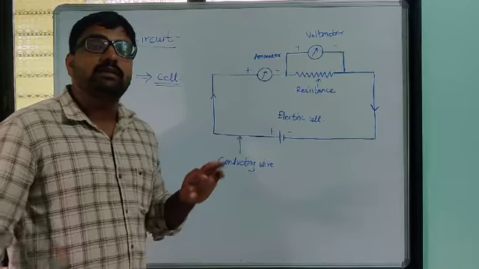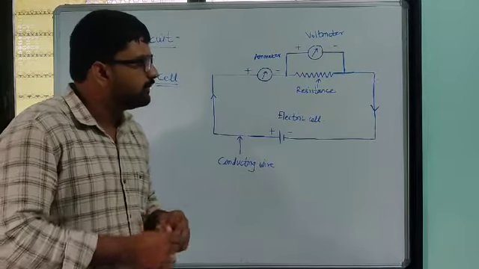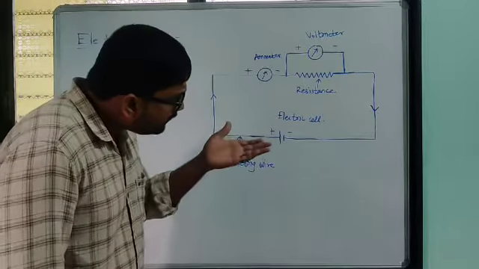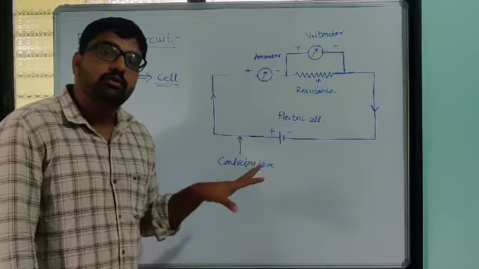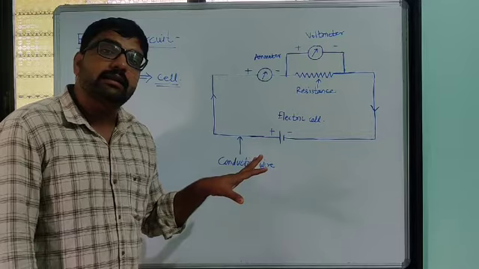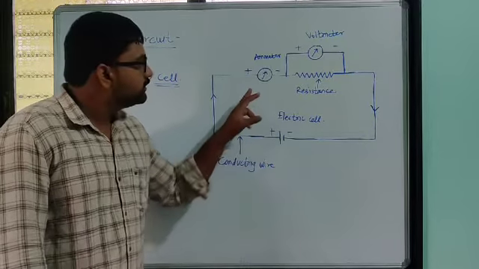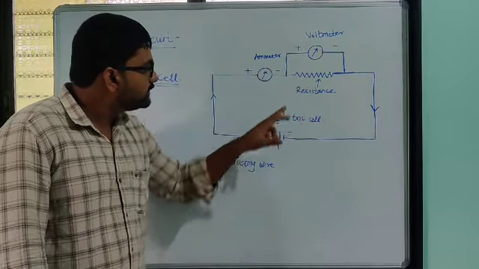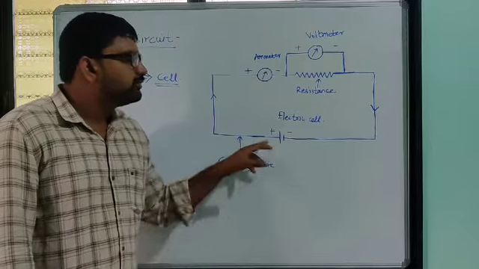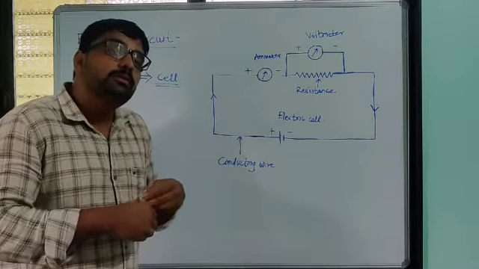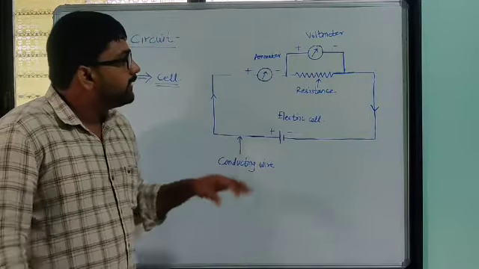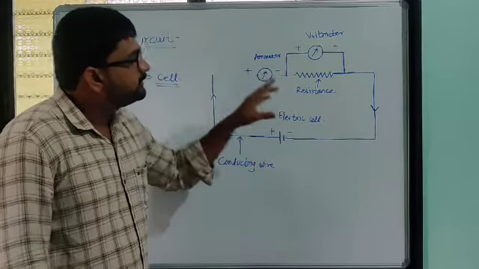The definition of electric circuit is given in the book. When we form an electrical circuit, we have to use different electrical components. These are the ammeter, voltmeter, resistance, battery, and some more components.